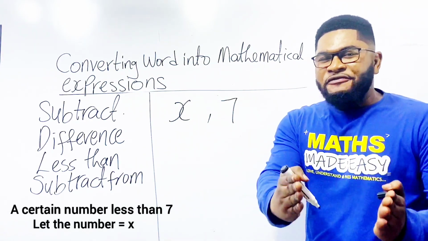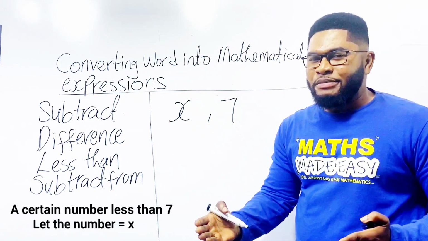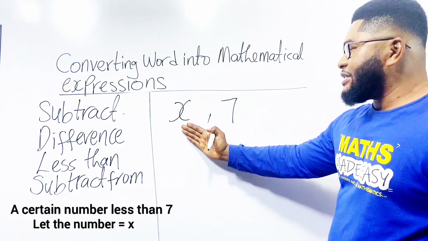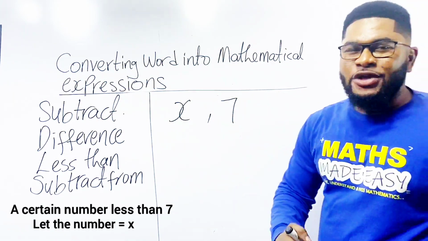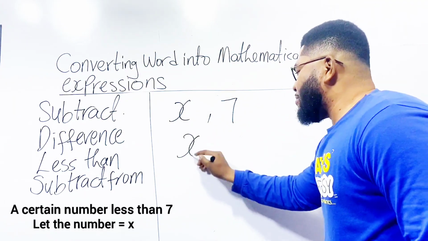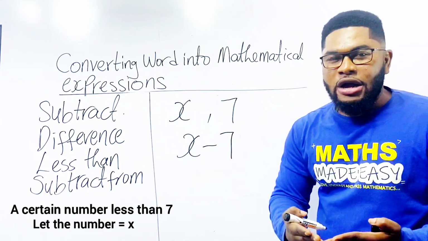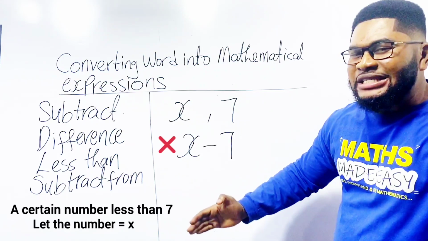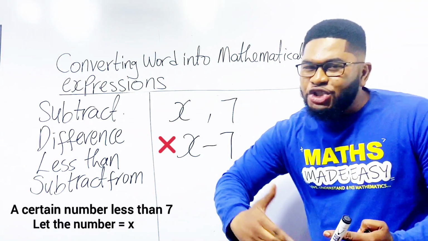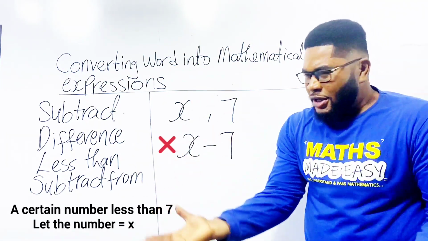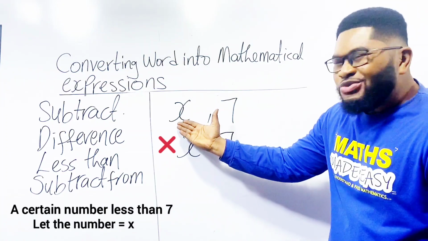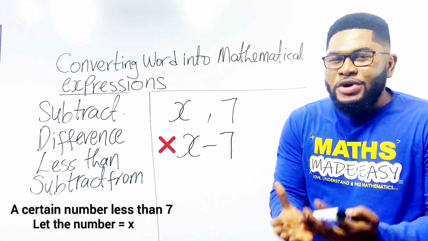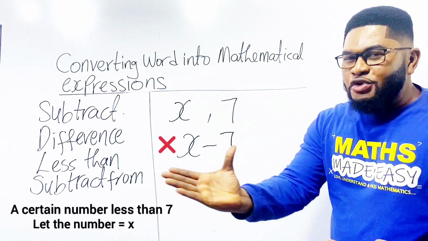Please be very mindful of the way you subtract the two numbers. If you say x minus 7, it will be wrong. Why? You are talking about a certain number less than 7, meaning literally that x is less than 7. So when we are subtracting, the bigger value must be first.